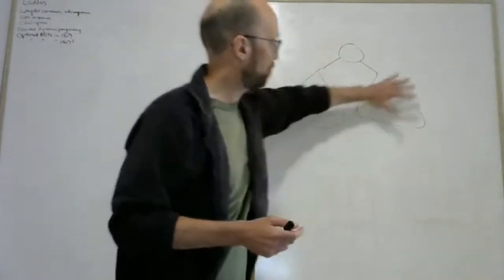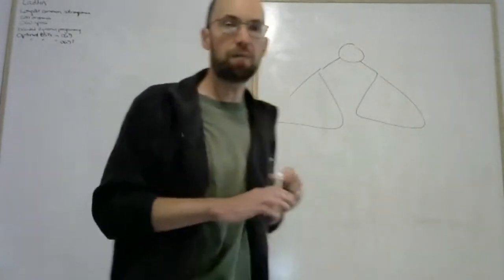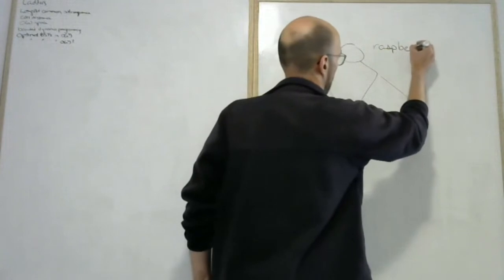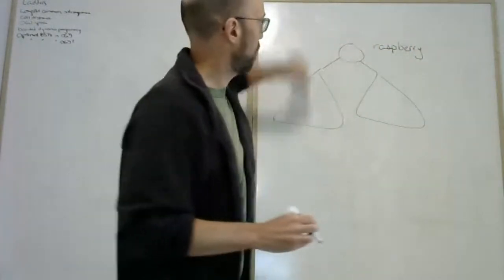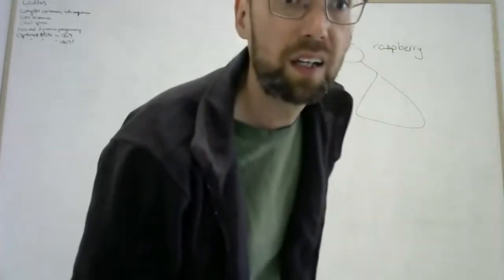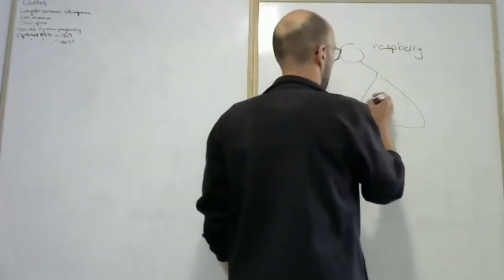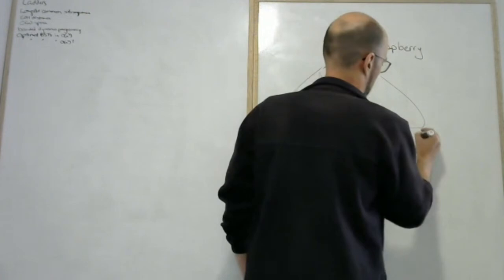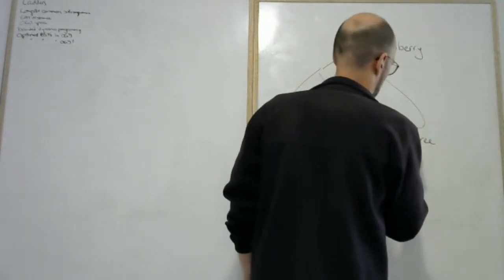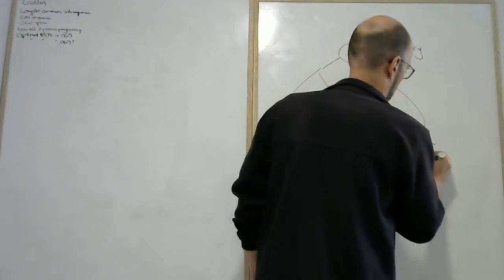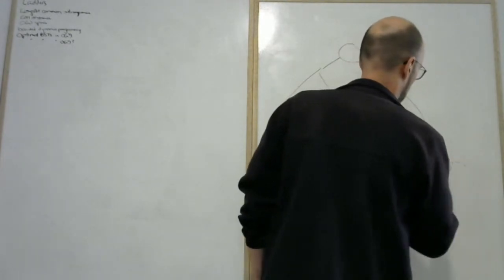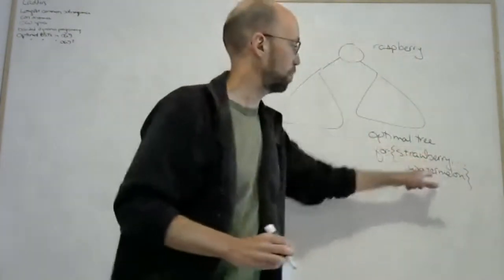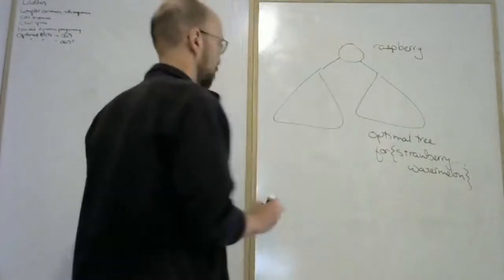If this is the optimal tree, let's say we pick raspberry, and consider all the trees that are rooted at raspberry, then the right subtree is an optimal tree for the set of keys from strawberry to watermelon.